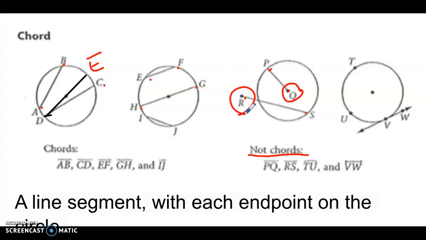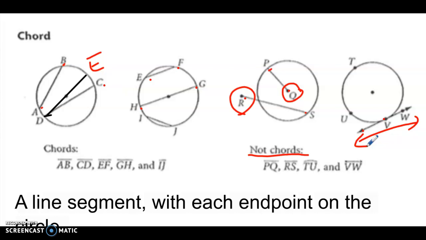And this one, VW. V is on the circle, but it's not an endpoint because this is a line. This is a line, not a segment. So that's why VW is not a chord.